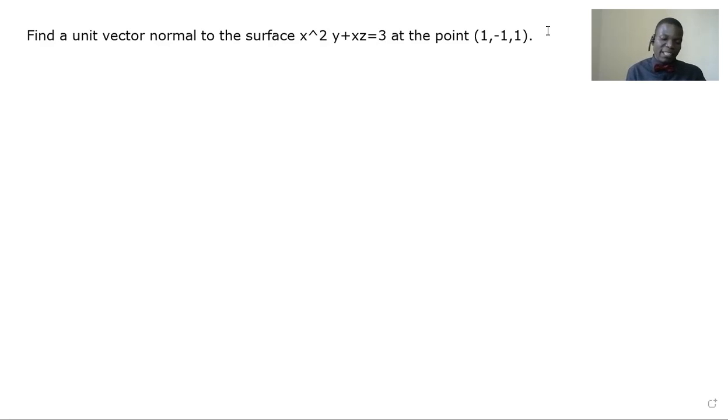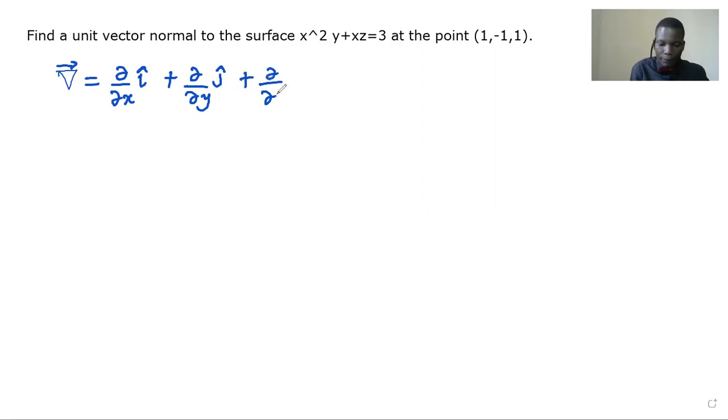This Nabla operator is mathematically defined like this. It is a vector, of course: partial differentiation in x, plus partial differentiation with respect to y, and so on.